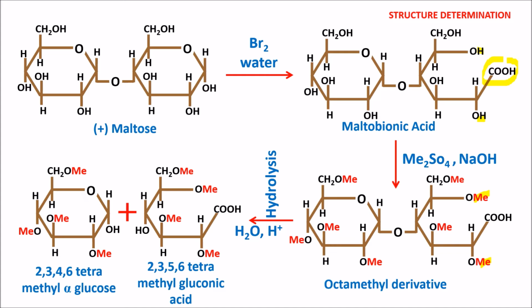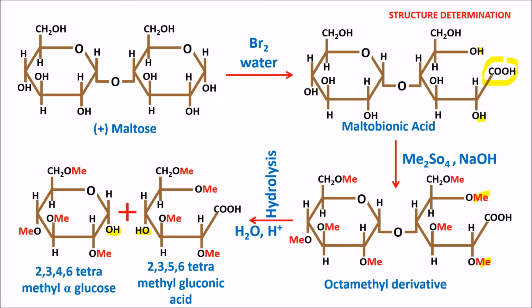After hydrolysis it gives us two different monomers, 2,3,4,6-tetramethyl glucose and 2,3,4,6-tetramethyl gluconic acid. The presence of a free hydroxyl group in these products at position C1 and at position C4 respectively indicates that the glycosidic linkage in maltose involved these carbon atoms and that the original ring sizes in maltose were pyranose.